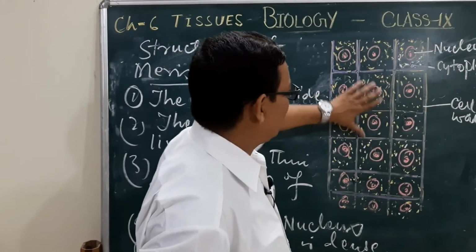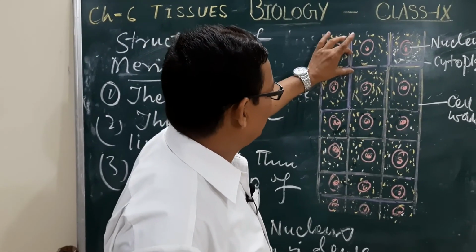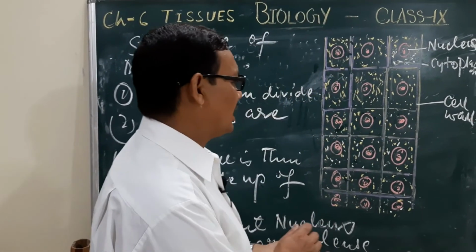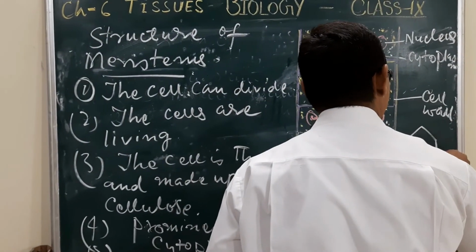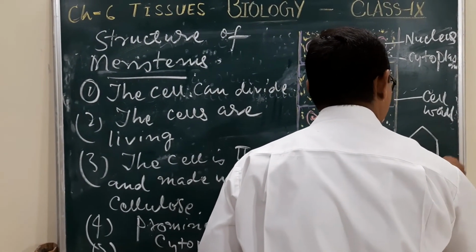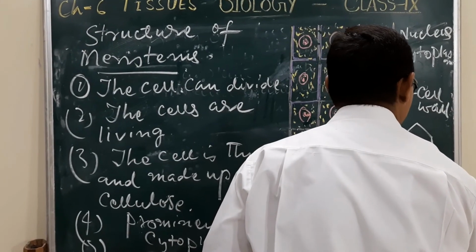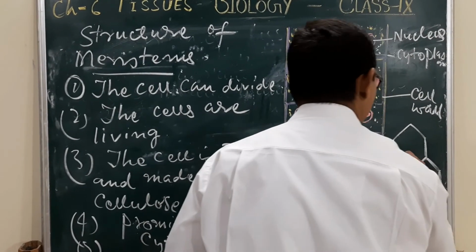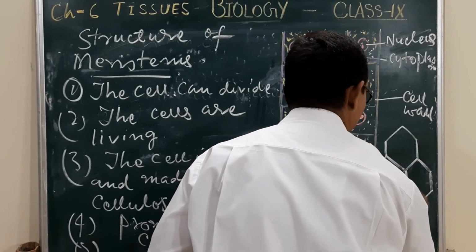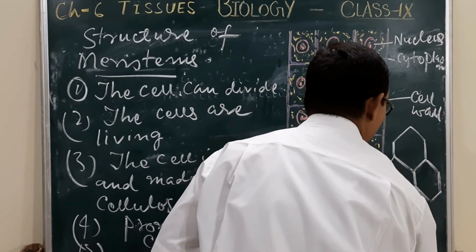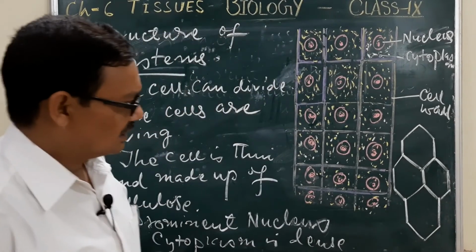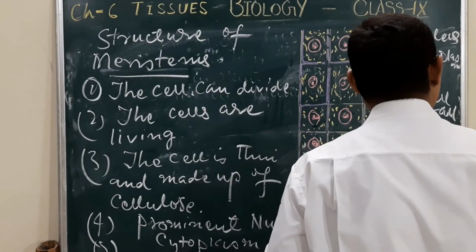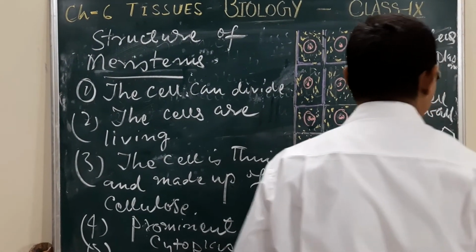The cells are compactly arranged. There are no intercellular spaces between the two cells. If you draw this type of shape, like this type of cell, polygonal, here also you may not see intercellular spaces.